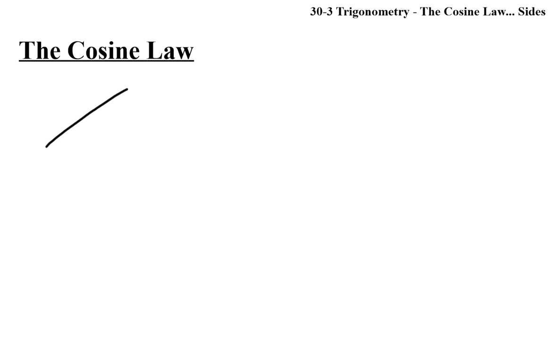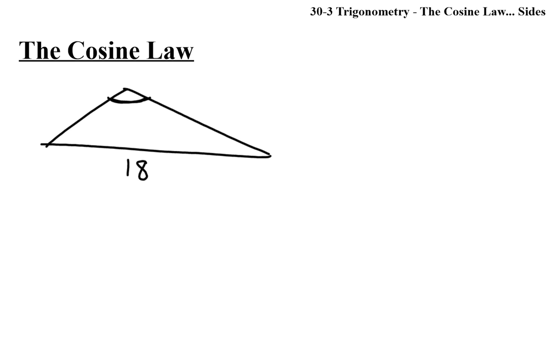The sine law, hopefully you understand at this point, is for situations where you have to find a side length or an angle size. But if I wanted to find this angle here, and I knew the side opposite was 18, well, what's important for the sine law to work?